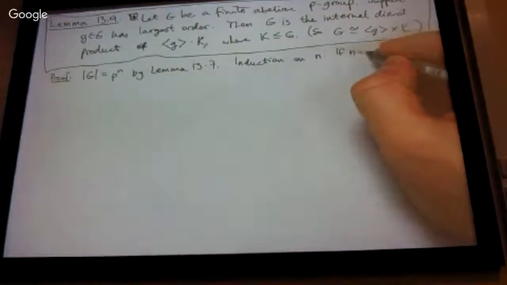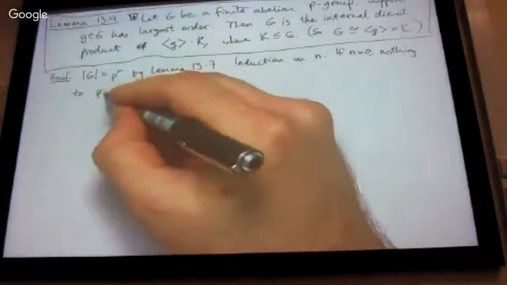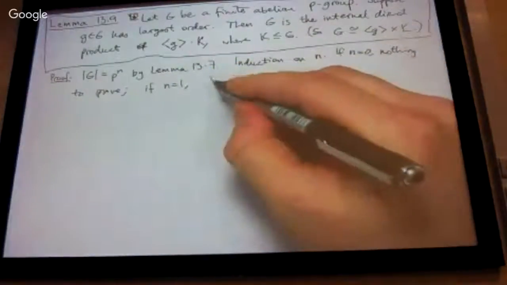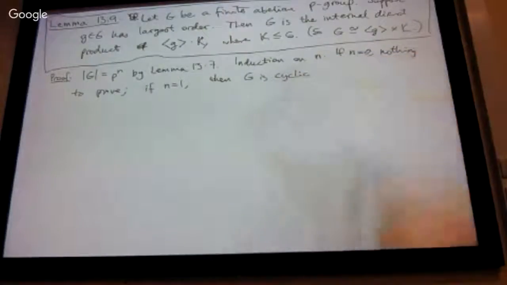So if n is 0, then nothing to prove. If n is 1, then G is cyclic, right?